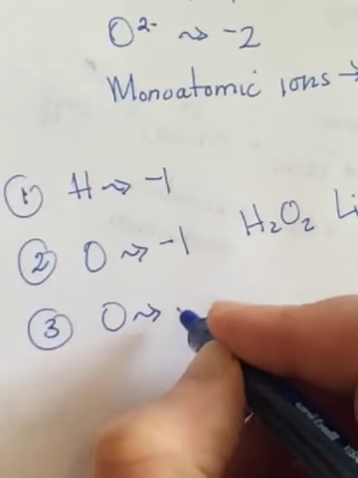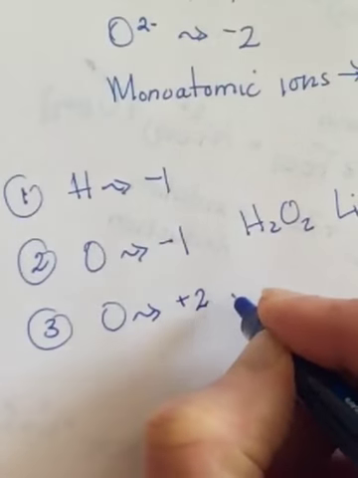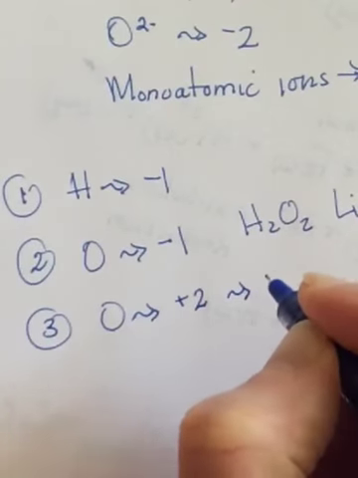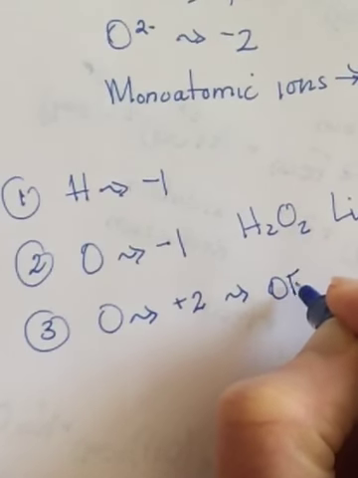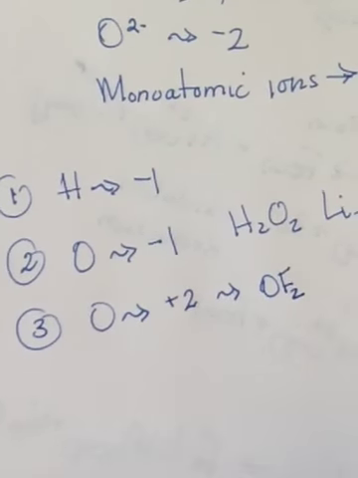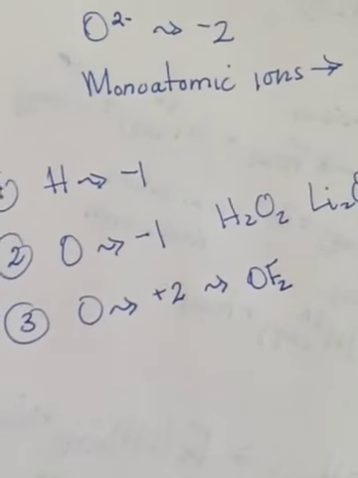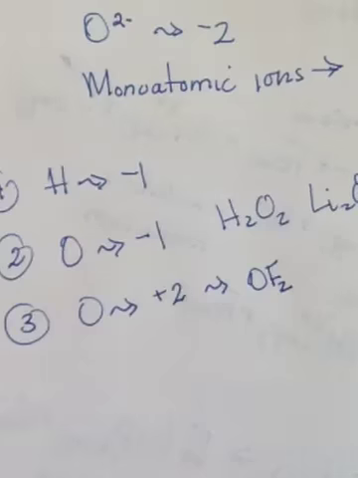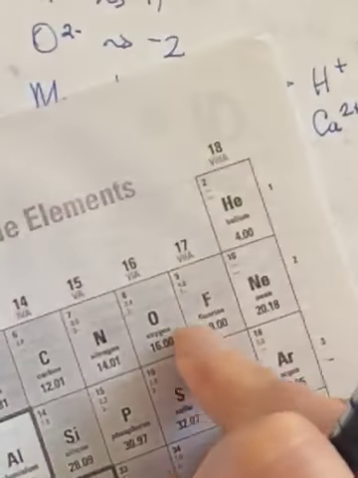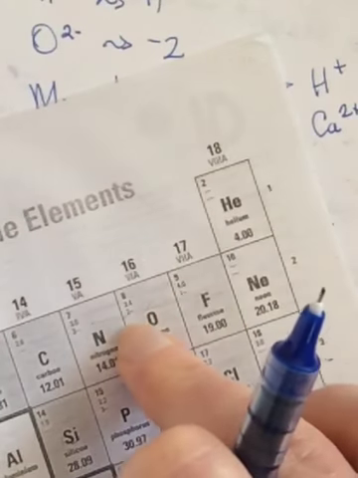Oxygen will have an oxidation number of positive 2 whenever it is in a compound with fluorine, like OF2. That's because fluorine has a higher electronegativity than oxygen.